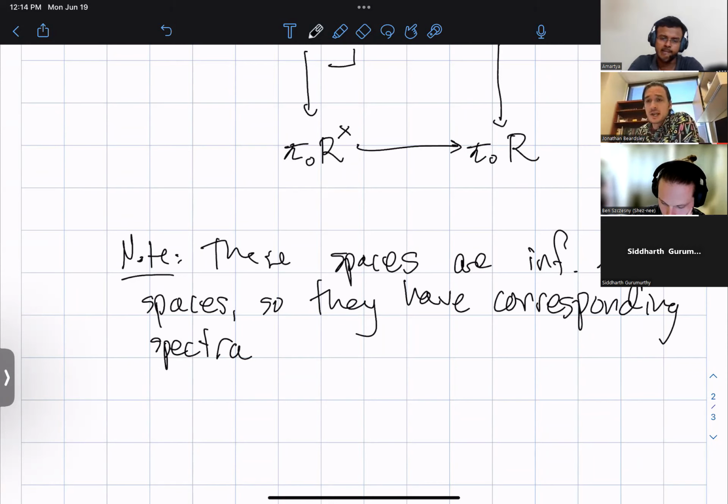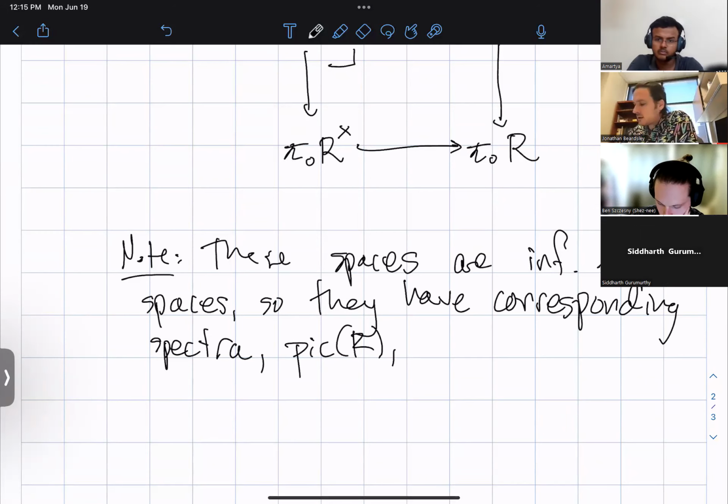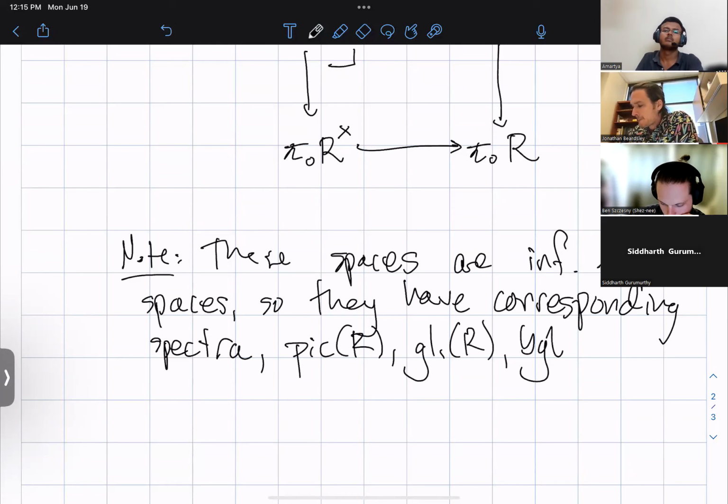If R is just an E_n ring, you still have these spaces, but they're only E_{n-1} monoidal spaces, in which case you don't have corresponding spectra. So usually I'll just write these using lowercase letters, gl_1 R, bgl_1 R, etc.